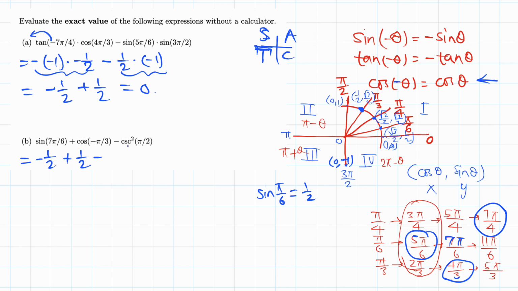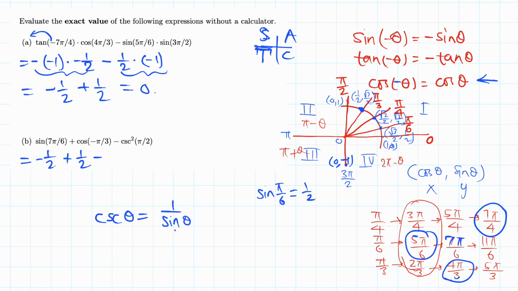Minus cosecant squared pi over 2. So this is cosecant pi over 2, squared. Okay, cosecant of some angle. We don't have values for cosecant. Cosecant is the reciprocal of sine. So we need to find the corresponding sine value and take the reciprocal, which means flip the fraction. And then it's squared.